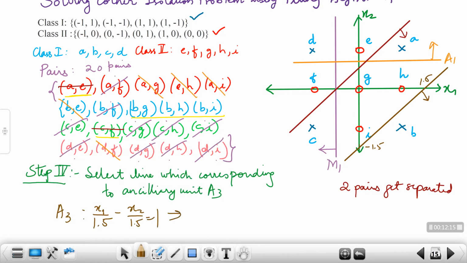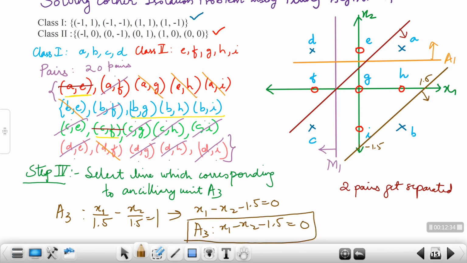And that will correspond to x1 minus x2 minus 1.5 is equal to 0. Since 0, 0 is not lying in this direction, we can say that A3 is nothing but x1 minus x2 minus 1.5 is equal to 0.